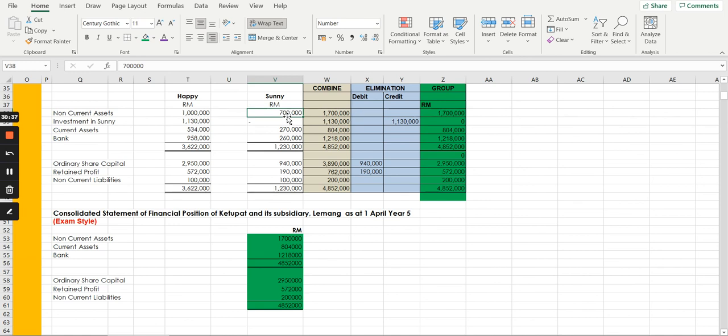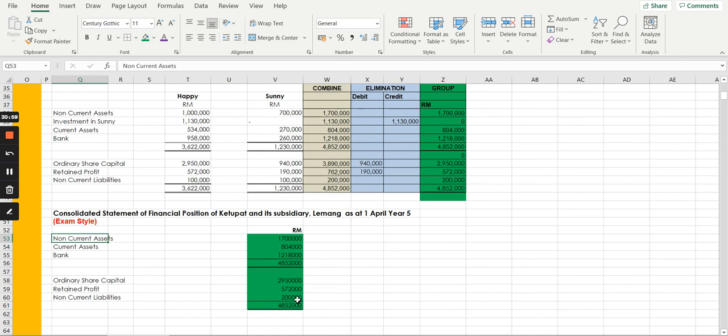There is no such thing. The standards say once you acquire it and get control, you need to consolidate the assets and liabilities 100%. Remember that. It must be 100%. No matter if your control is not 100%, is 90, 70, 75, or whatever the percentage, as long as you can prove that it's a control, it will be 100%.